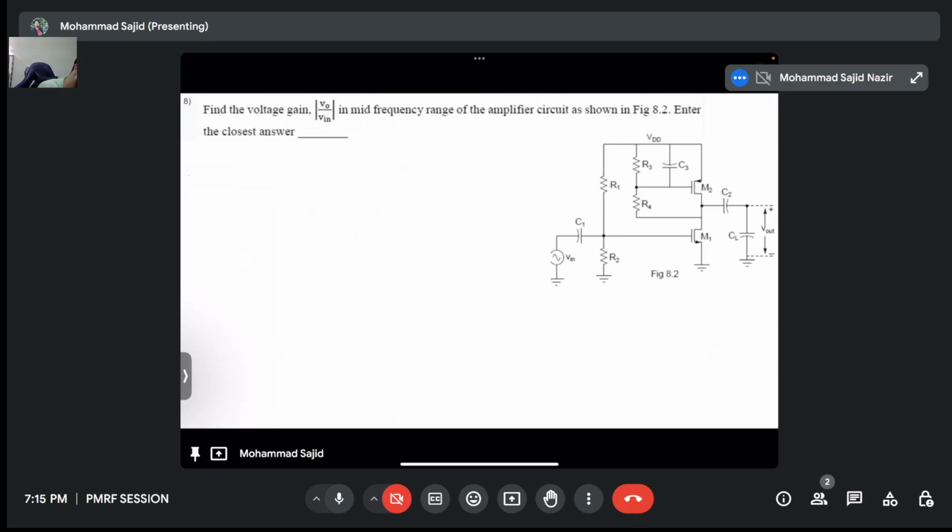And again, this question is asking for the frequency range. I'm not drawing the equivalent circuit for this. You should now be able to draw it, and we are going to calculate it again. Let me just draw it quickly.